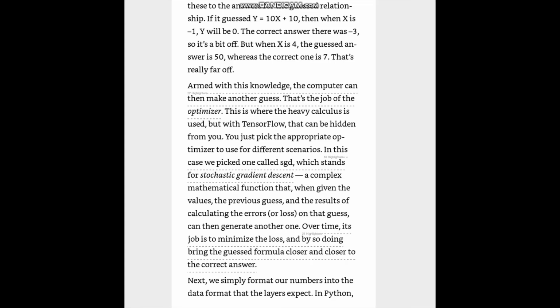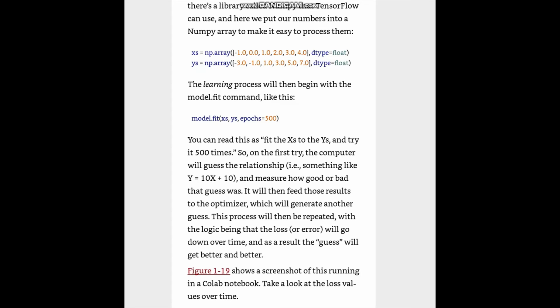Next, we simply format numbers into the data format that is expected by the layers. Here comes the library NumPy to use. In this, we convert the input and output numbers that we have into a NumPy array so that it is easy to process. The learning process will begin with model.fit.